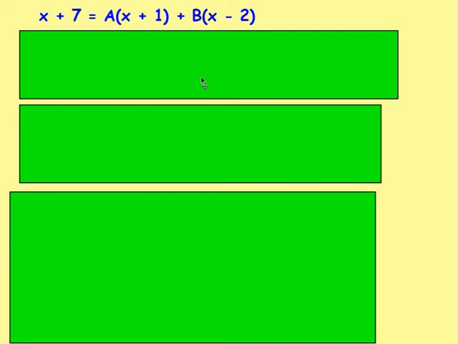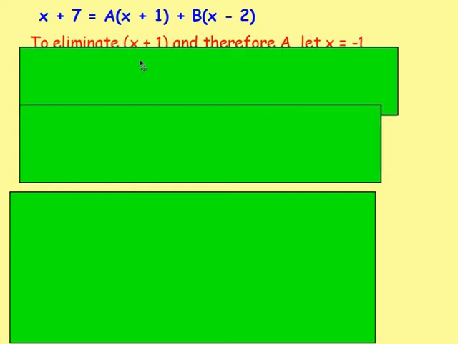How would we choose different values? Well, if you look at the brackets here, we've got an x plus 1 times A. If we were to make that A times 0, that would eliminate A and let us find B. And how could you make this equal to 0? Well, if x plus 1 equals 0, x would equal negative 1.